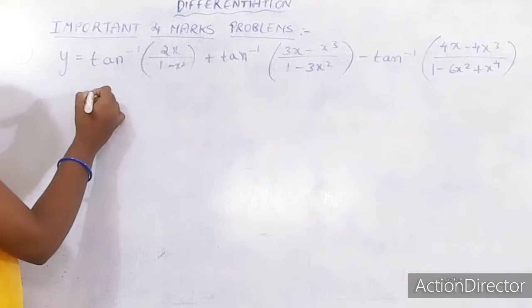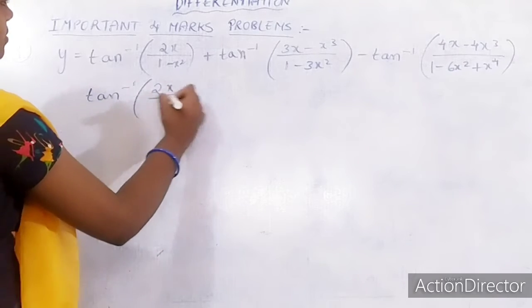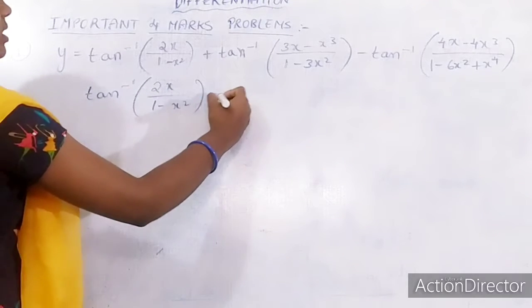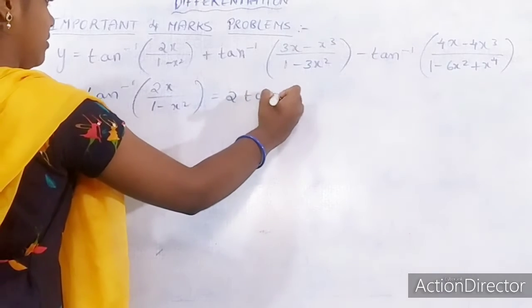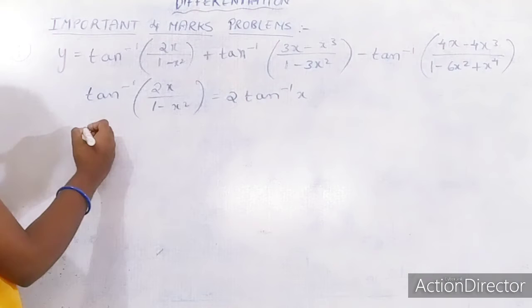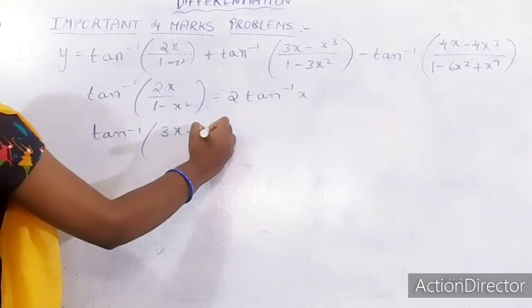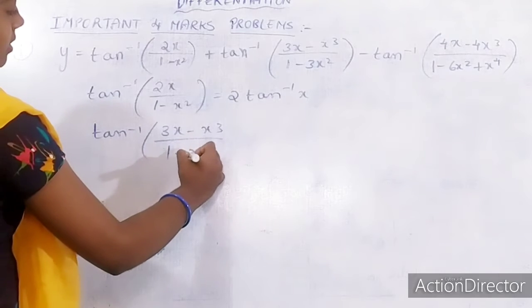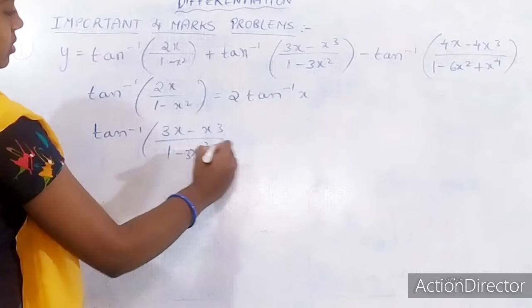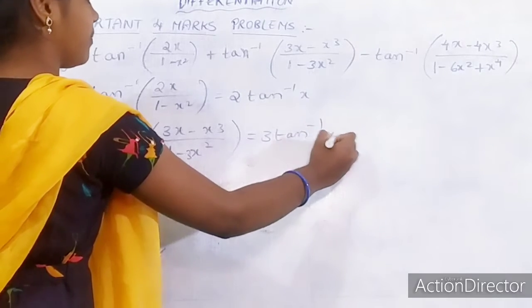We will learn some formulas. Tan inverse of 2x by 1 minus x square is equal to 2 tan inverse x. These formulas will be useful for you in objective. Tan inverse of 3x minus x cube by 1 minus 3x square is equal to 3 tan inverse x.